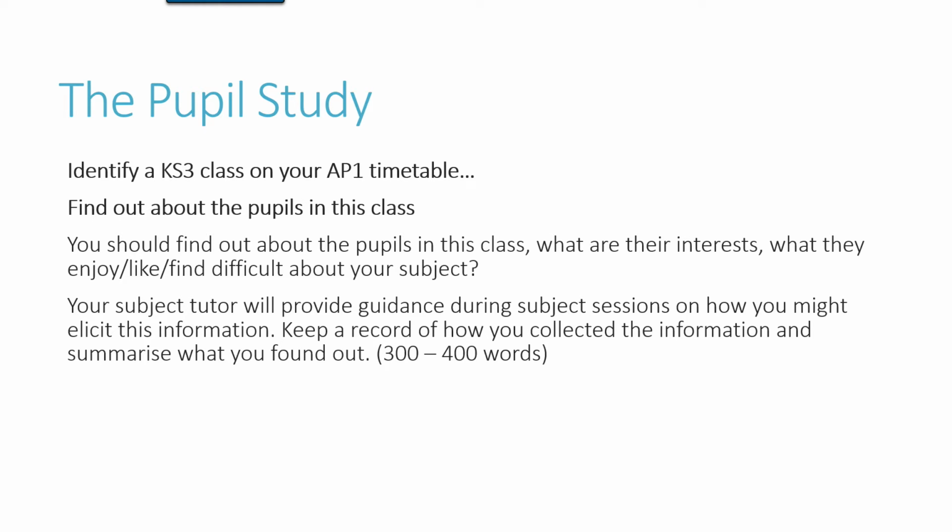Strategies to look at there are close observations to begin with, perhaps just without intervening and without questioning, just seeing what particular pupils are doing in the class and making notes carefully, being a bit of a spy, as it were.